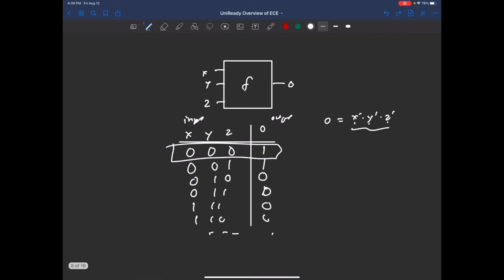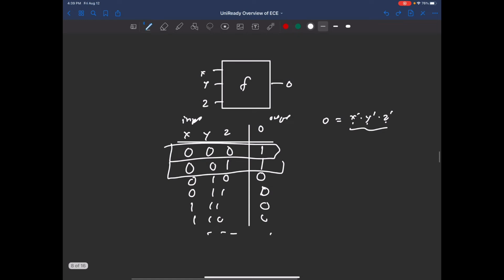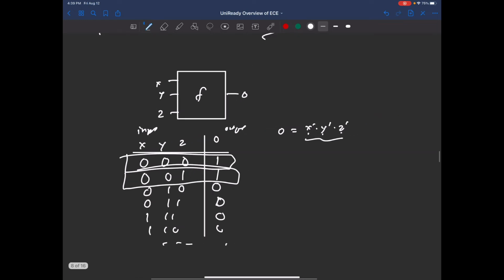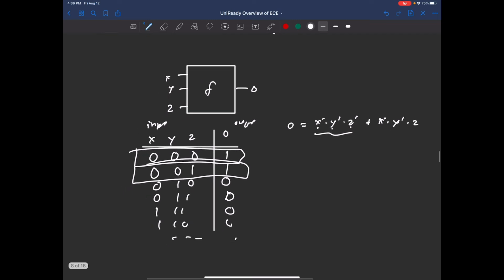Right? And if we want to just add this combination, then you just have to add an OR gate. X prime and y prime and z. Not z prime, just z. Right?